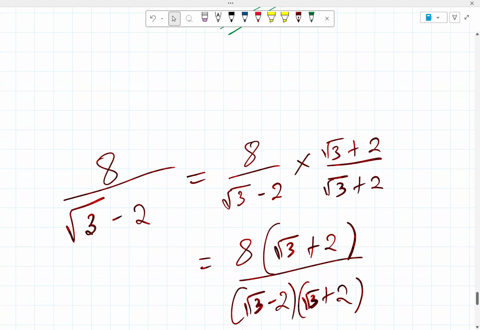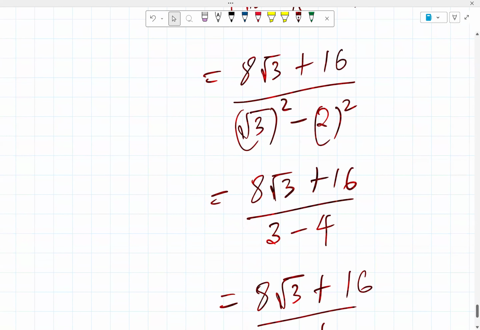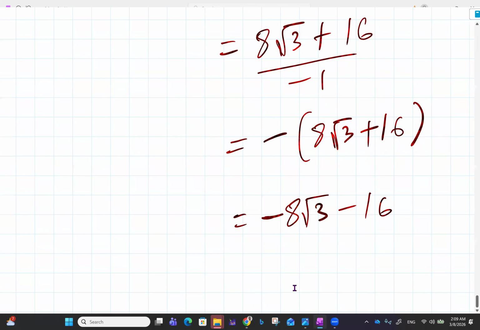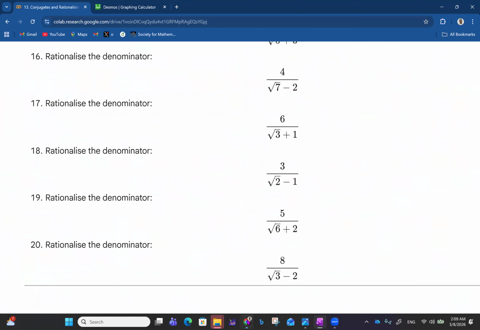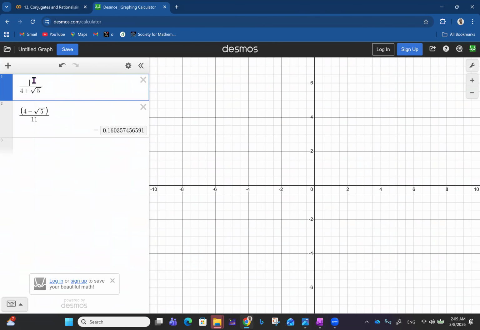So we go back: 8 over root 3 minus 2. We check that using our calculator. 8 all over root 3 minus 2.